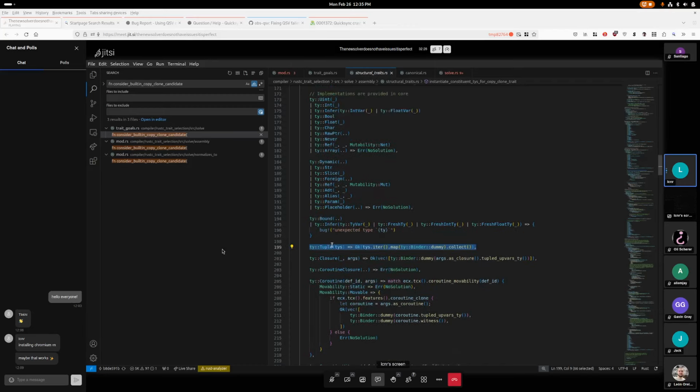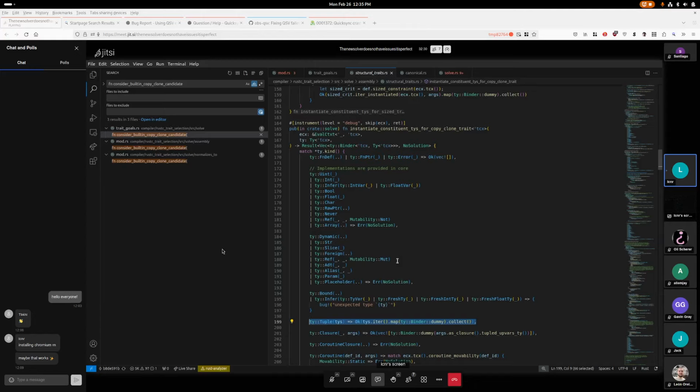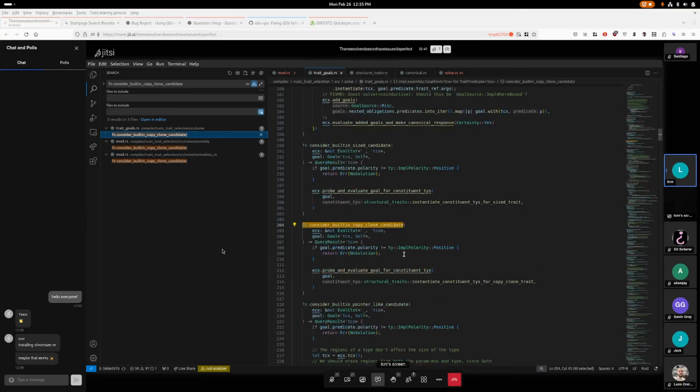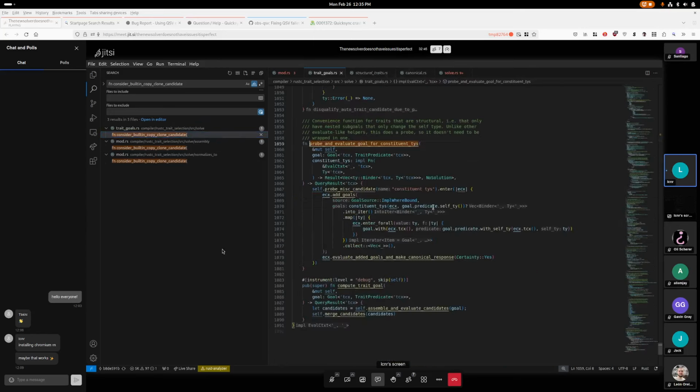So for tuples, this function collects all of the types which would also have to implement clone. For a tuple of T and U, we return T and U. And then for each of the returned types, it adds a nested goal that the type also implements either copy or clone. And then we use evaluate added goals and make canonical response again to get our final canonical response.